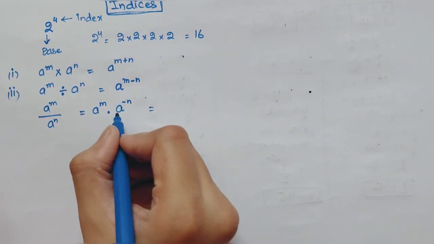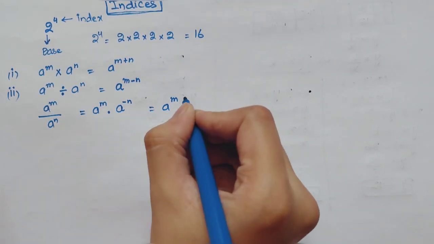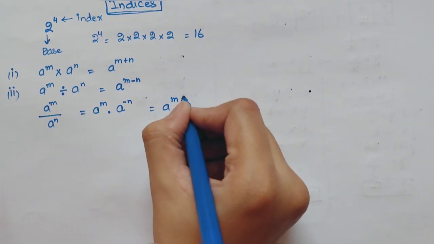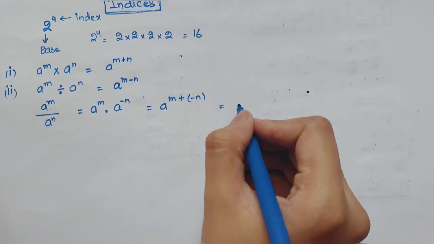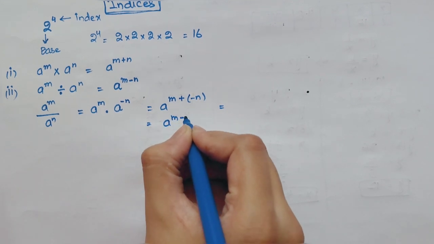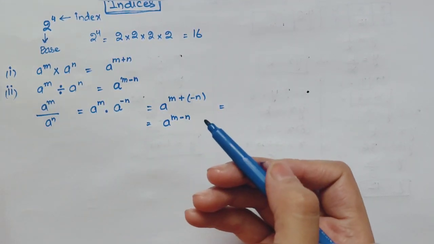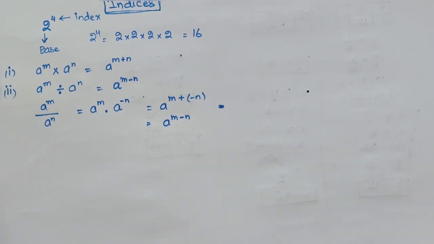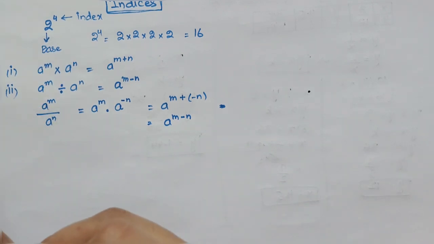Look, both the variables are the same, bases same, so you have to add the powers. a power m, add this power minus n, it becomes a power m minus n. So this is actually this rule. Both are familiar, but here is the multiplication symbol and here is the division symbol. Bases are the same, powers should be added.